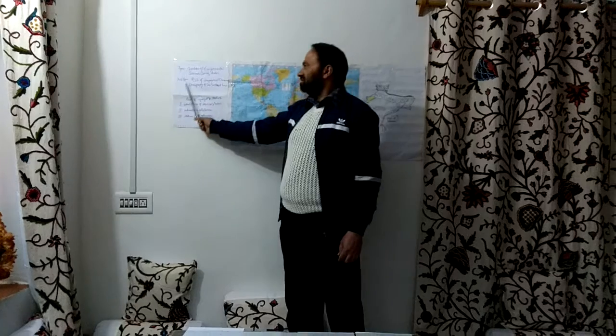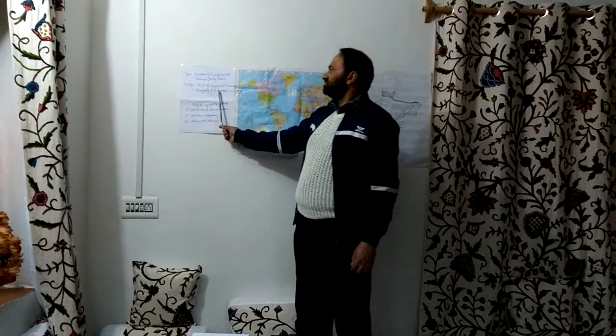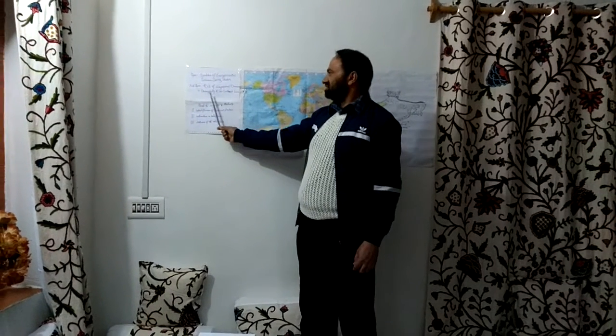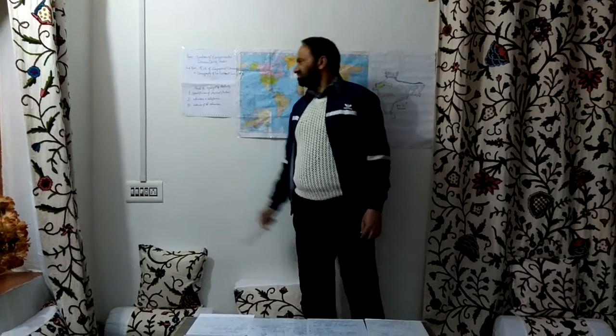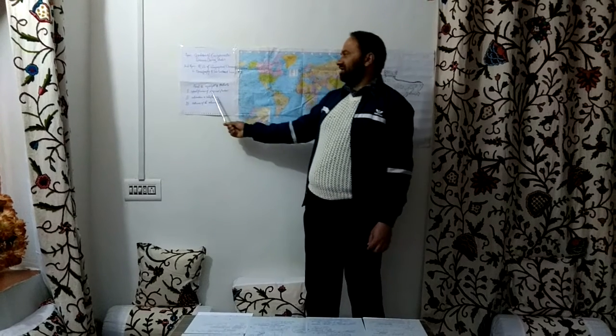Now the subtopic of this is the role of geographical divisions in the demography of the subcontinent India. This is the subtopic. Now some points which we are going to elaborate and highlight.